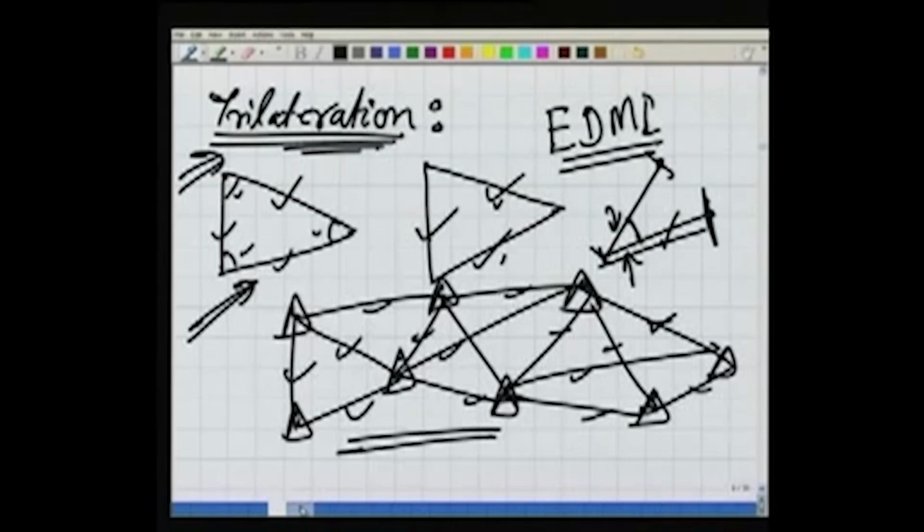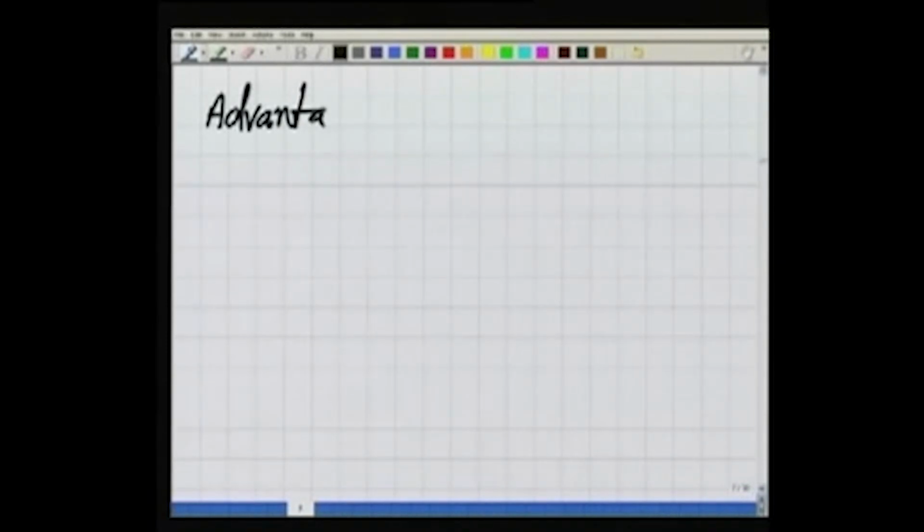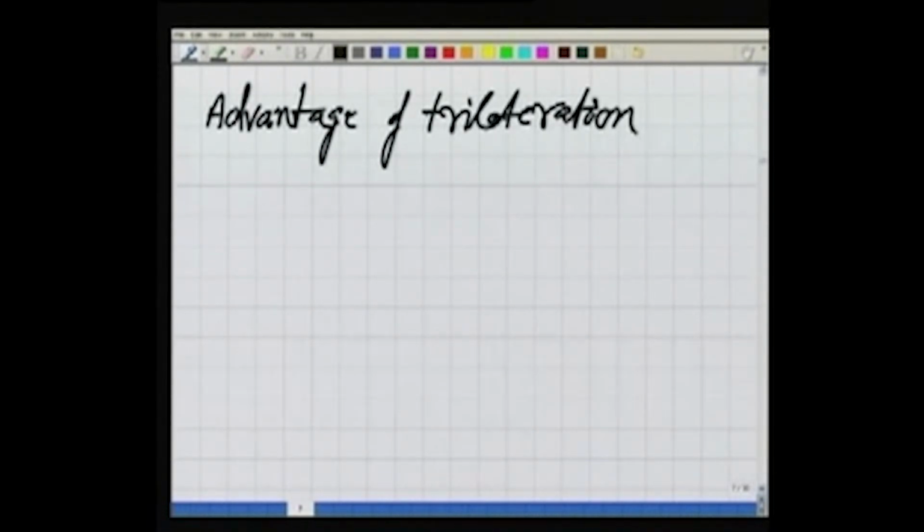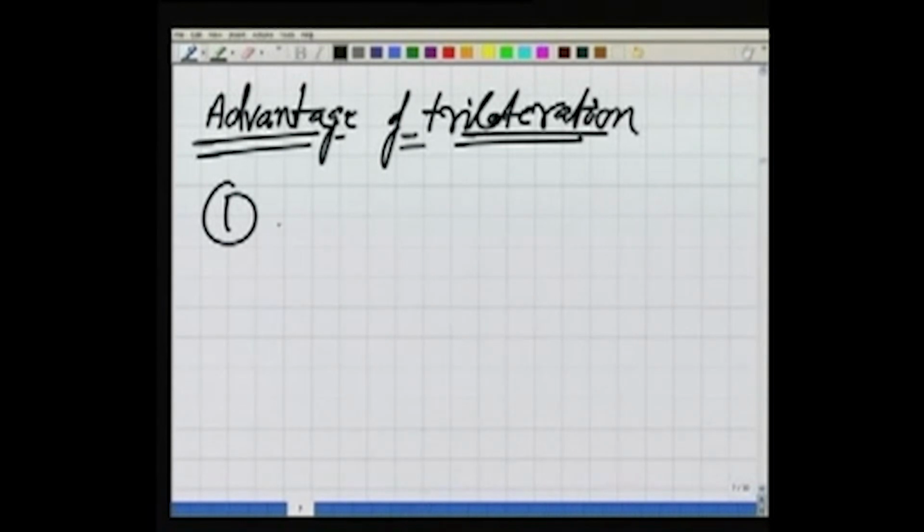So we'll start with the advantages of trilateration. Number one advantage that we can cite is that it is rapid, because straight away you are measuring the distances.